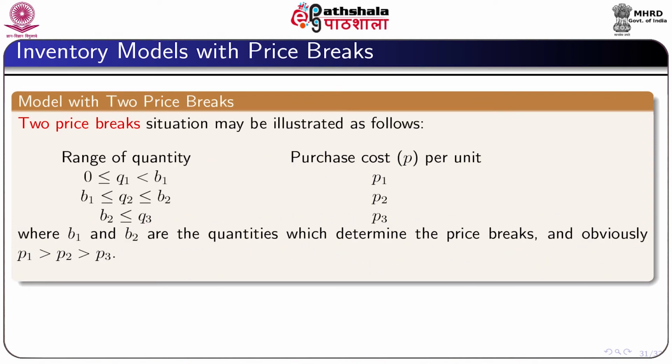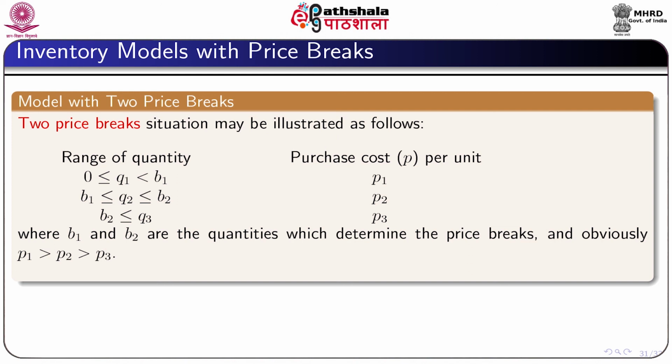Now, we proceed to the model with two price breaks. Two price break situation may be represented as follows. When 0 ≤ Q1 < B1, the purchase cost is P1. When B1 ≤ Q2 < B2, the purchase cost per unit is P2.